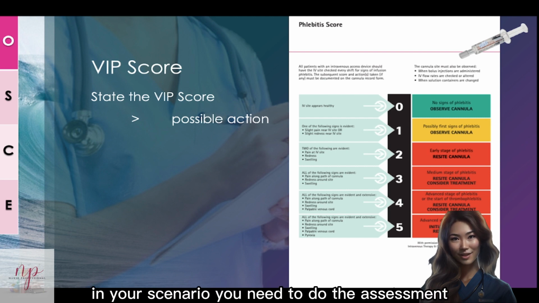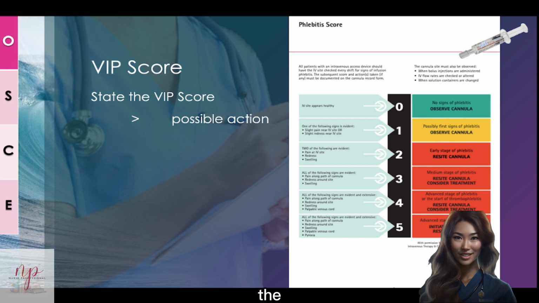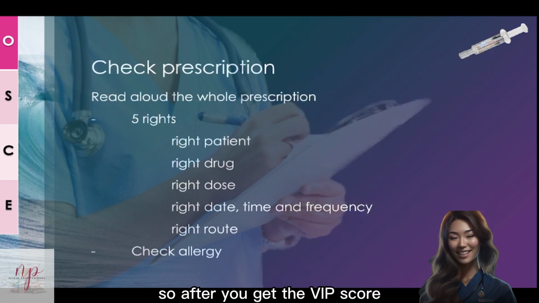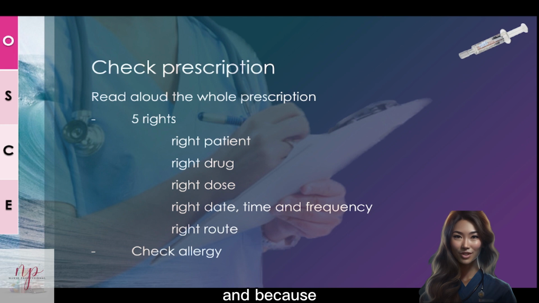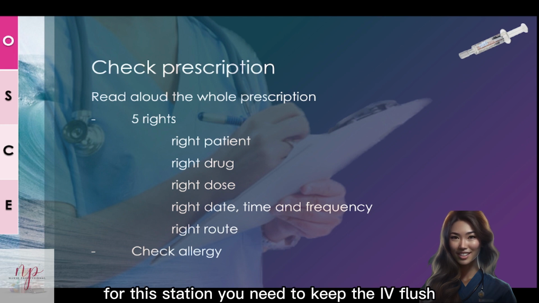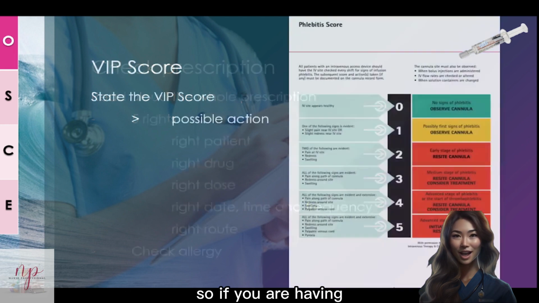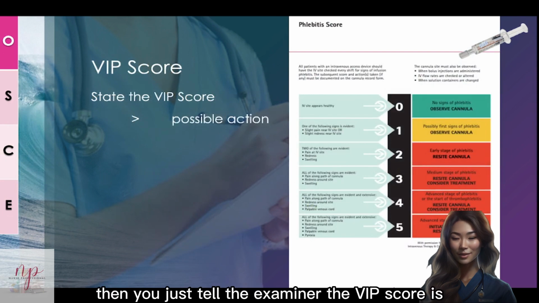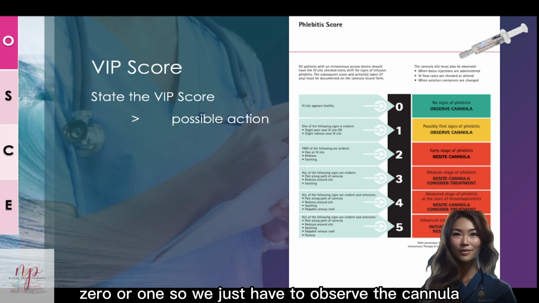In your scenario, you need to do the IV site assessment, give the FIB score and act accordingly. Because for this station you need to give the IV flush, if you are having a green light or yellow light, then you just tell the examiner the FIB score is 0 or 1, so we just have to observe the cannula.